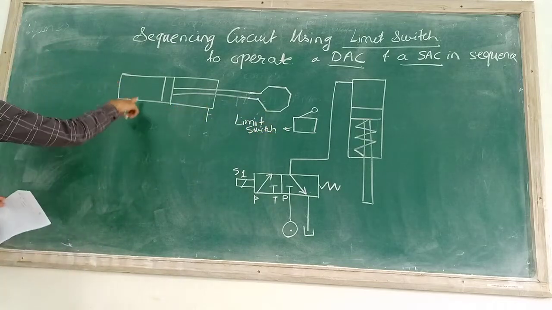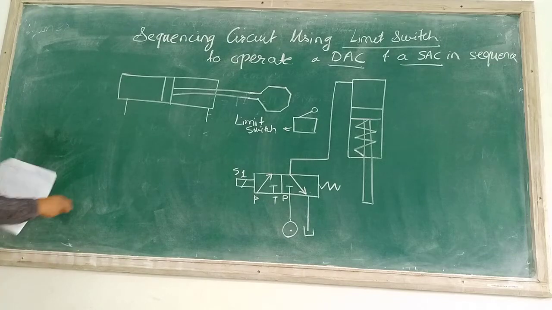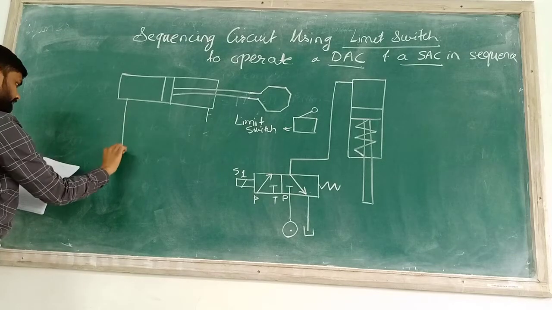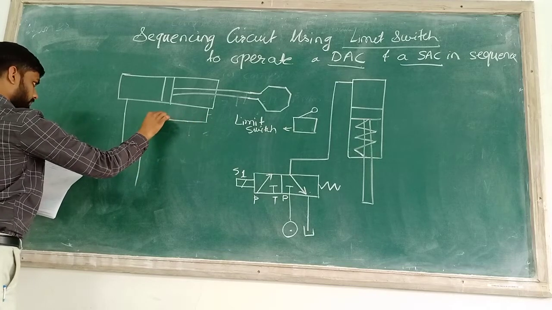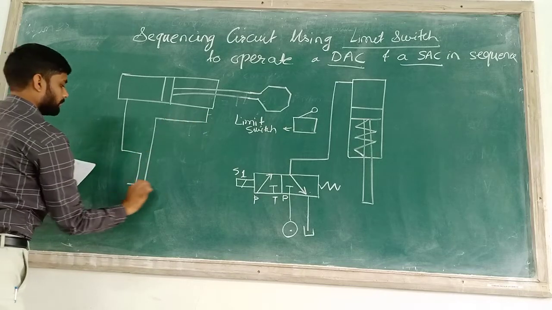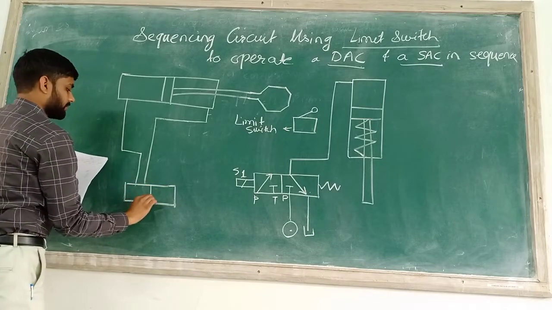Again, we need to operate this valve by using another direction control valve. So another direction control valve is needed here. So here we are going to use the 4/2 direction control valve.